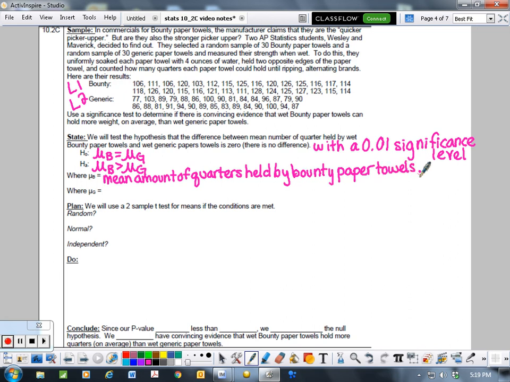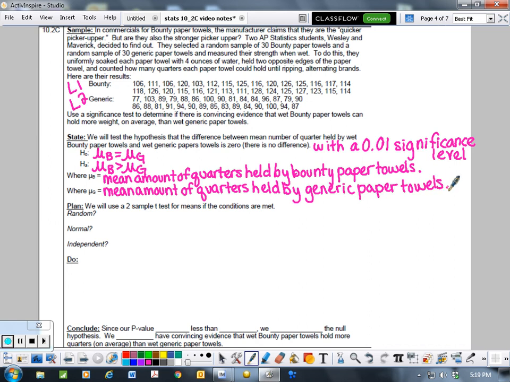And then mu g is the mean amount of quarters held by generic paper towels. And it's really important to state what they mean so that way the reader understands what you're talking about.